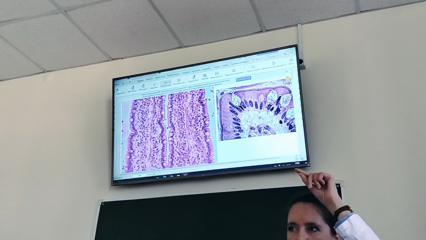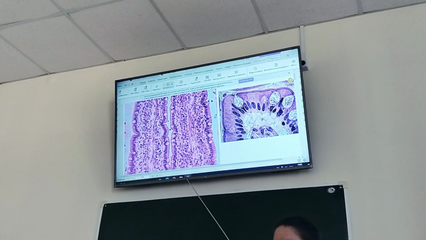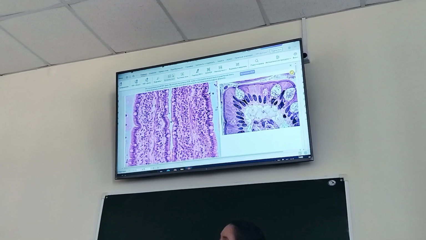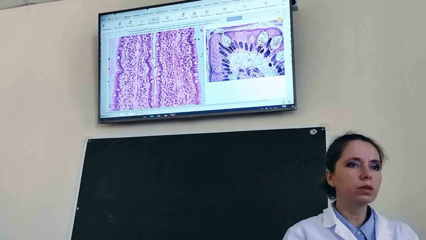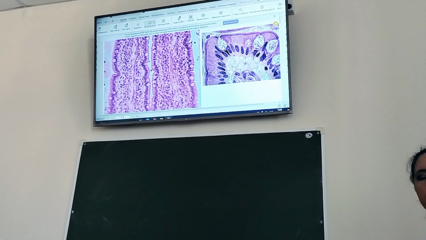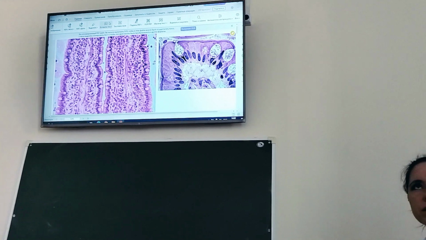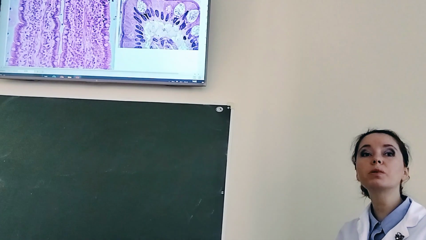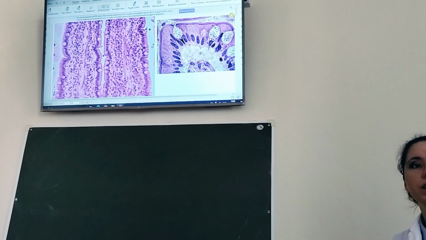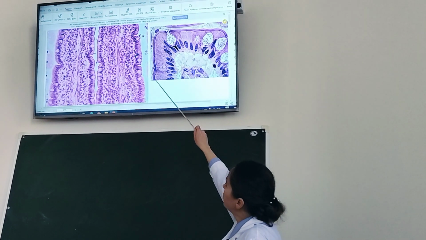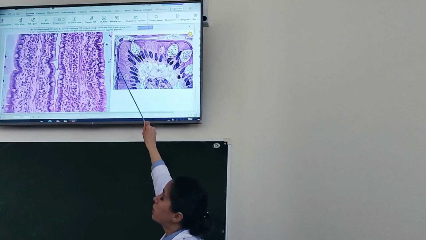Each villus is covered by simple single layer columnar epithelium, and to give the full classification, this is simple single layer columnar brush bordered epithelium. How can I identify? On the apical surface, I can see a brush border.